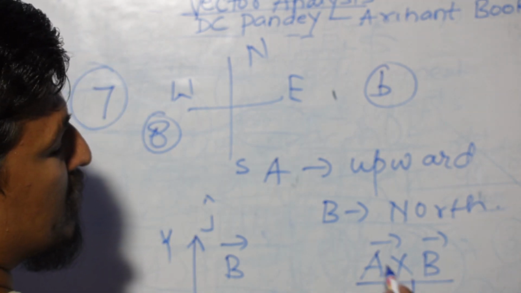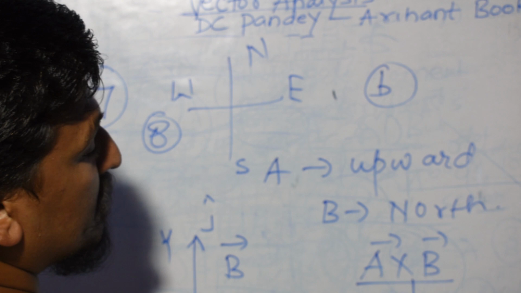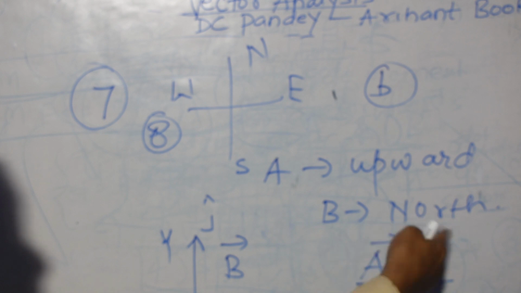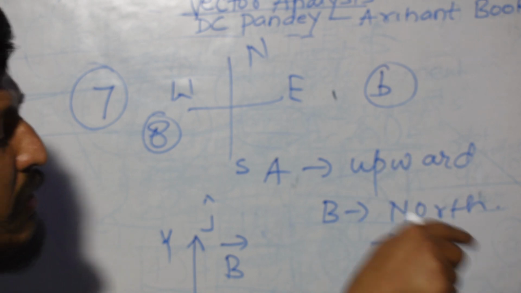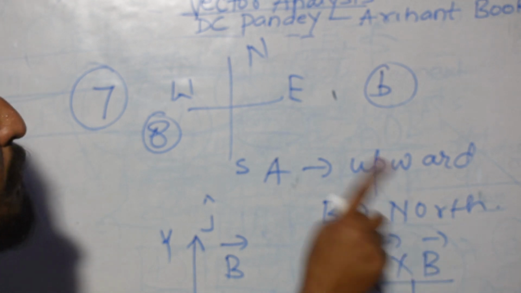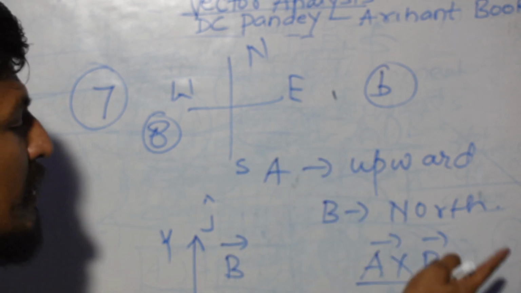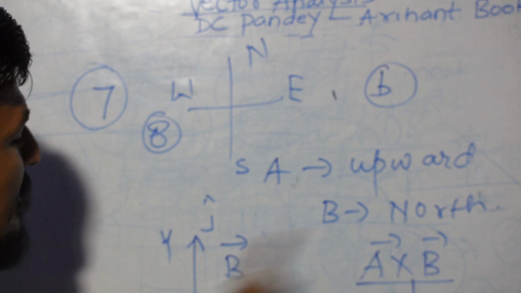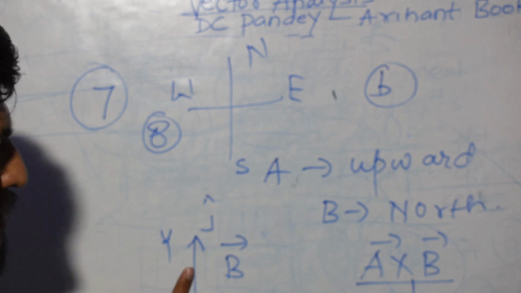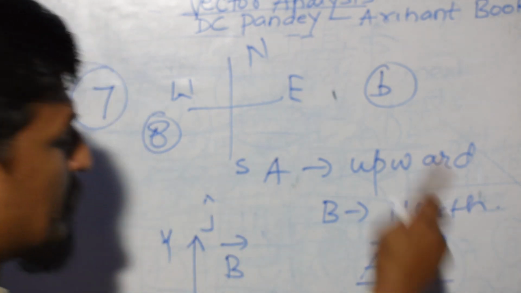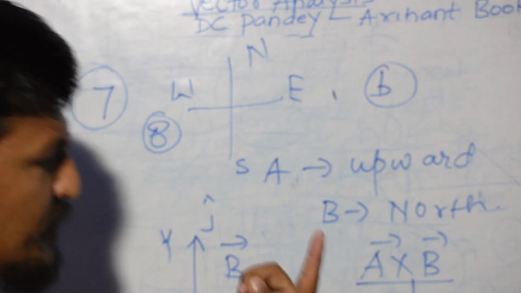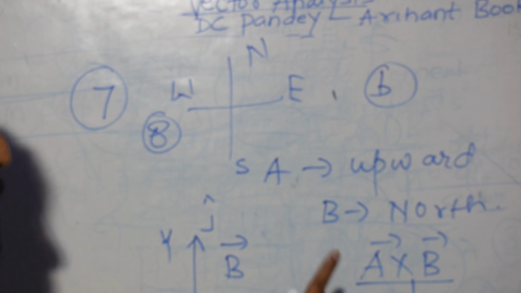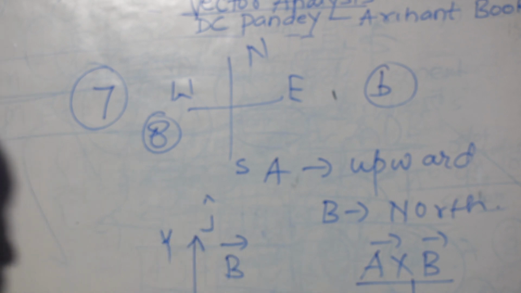The resultant of A cross B may be a vector C. And the direction of C is perpendicular to the direction of A and B. I repeat, the direction of C is perpendicular to the directions of A and B. Means if A is acting toward the Z axis and B toward the Y axis, then the direction of A cross B must be along the axis perpendicular to both A and B, and the X-axis is perpendicular to both the Y and Z axes.